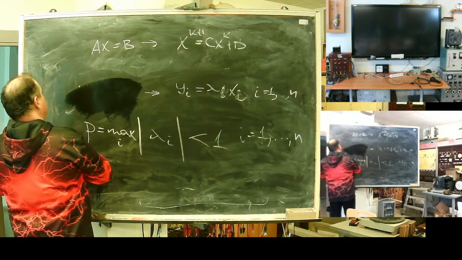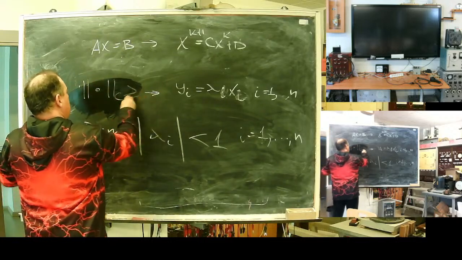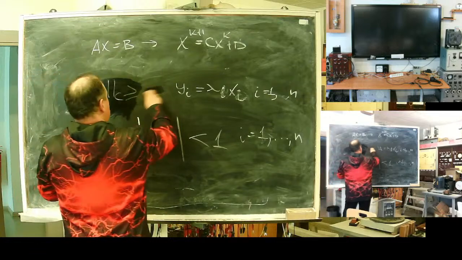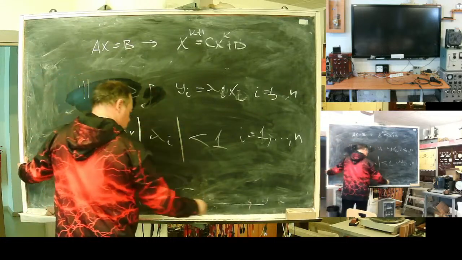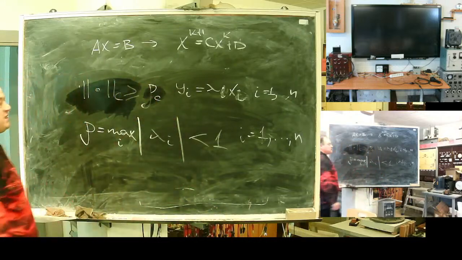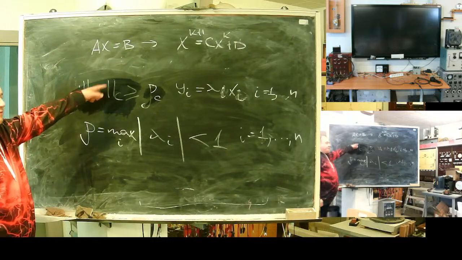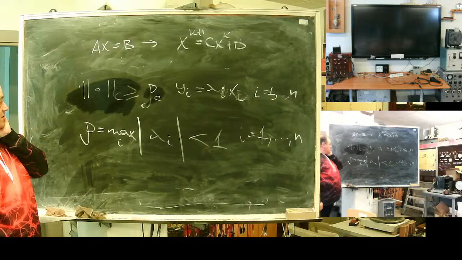You see something like this. Rho of C is less than or equal to the norm of C, with the point within vertical lines. What is it?